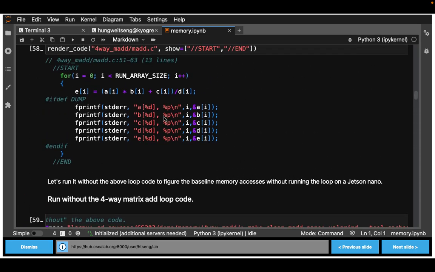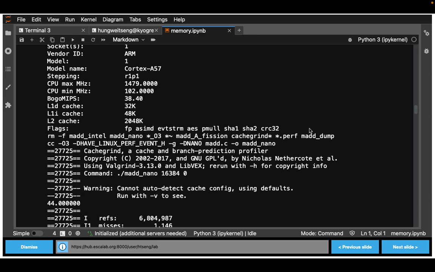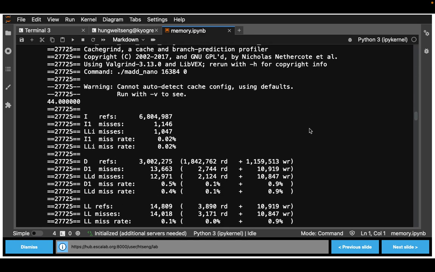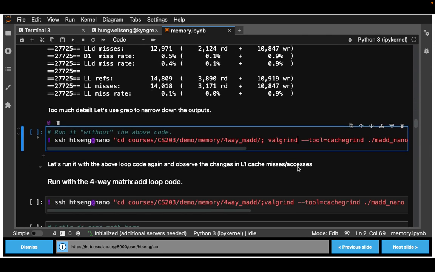By using this zero argument, I'm actually bypassing that loop, so I get the basic cache miss rate without it. In the next round, if I add that loop in, the difference in the numbers will tell you the additional memory accesses and cache misses incurred by this loop.